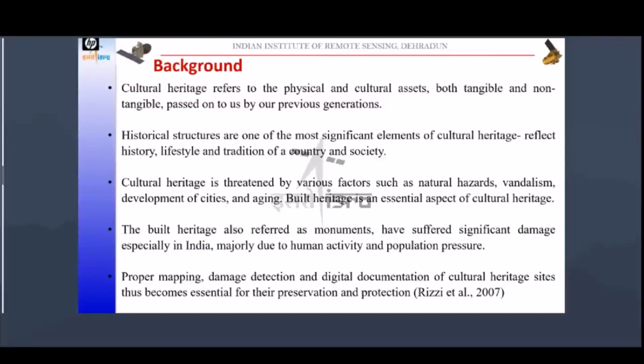So anthropological activities become very important in this damage assessment part. So proper mapping, damage detection, and digital documentation of these cultural heritage sites or archaeological assets thus becomes very essential for their preservation and protection.